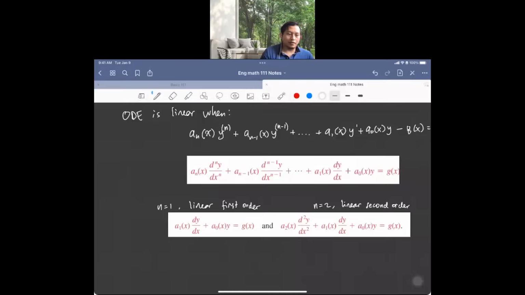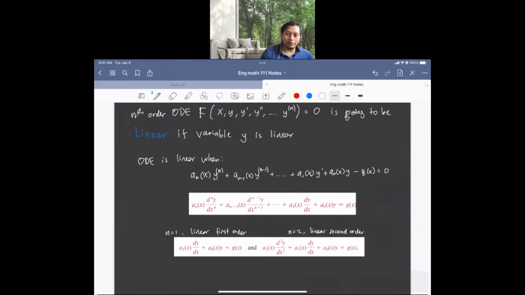So from this approach and the definition of linear, you remember that we are going to look at the linearity through the dependent variable. In our case here, we look at the variable y.